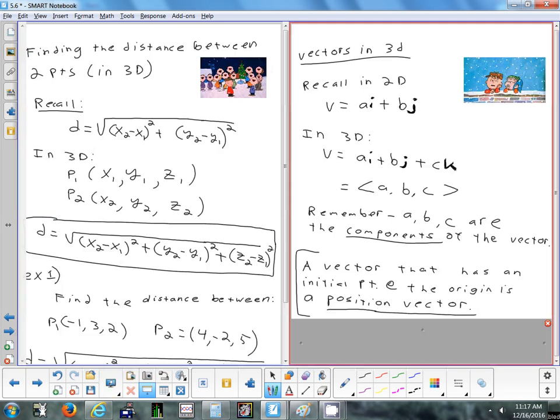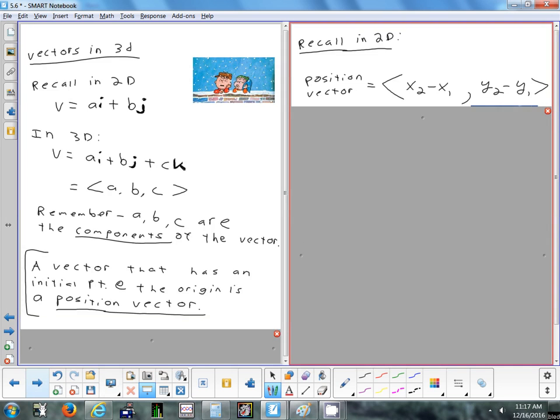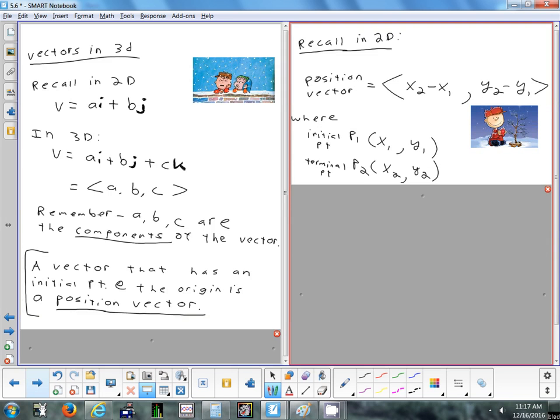All right, so let's take a look at how we find a position vector in 2D. To find a position vector in 2D, take the difference in the x's, comma, and then take the difference in the y's. What do you think I'm going to add to that to find a position vector in 3D?